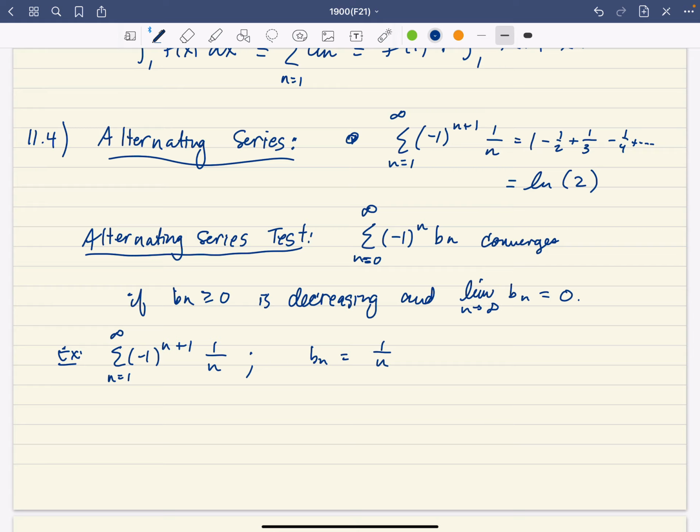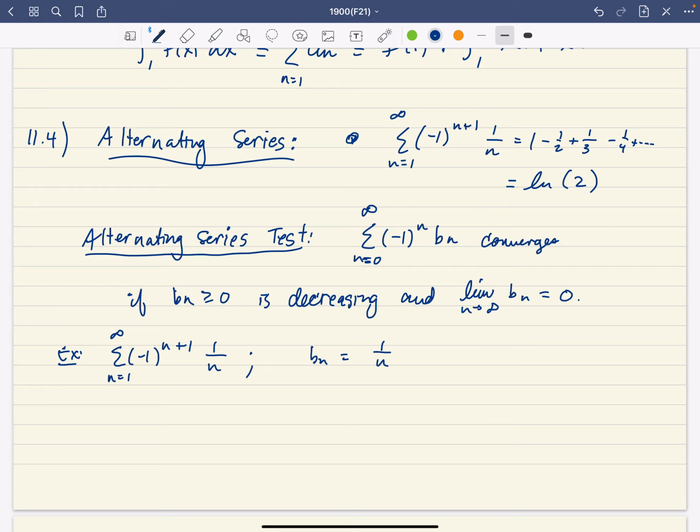And 1 over n we know is a positive value. Okay, n is positive, so 1 over n is positive. It's decreasing, because it's like 1 over x, so the derivative is negative 1 over x squared, which is always negative. And it tends to 0. We know that the limit of 1 over n is 0 as n goes to infinity. And so this is exactly the type of thing that converges according to the alternating series test.